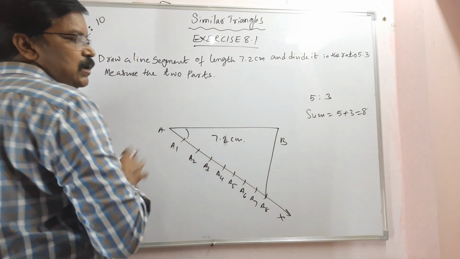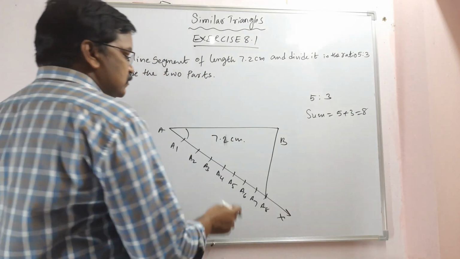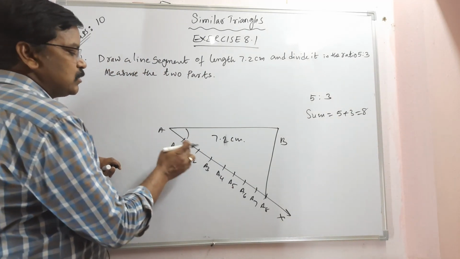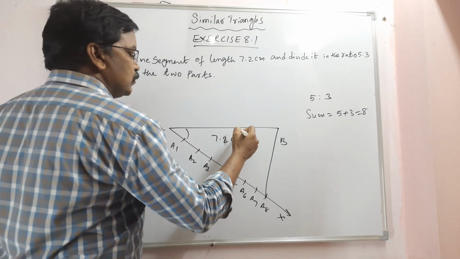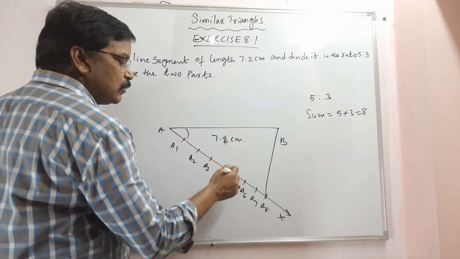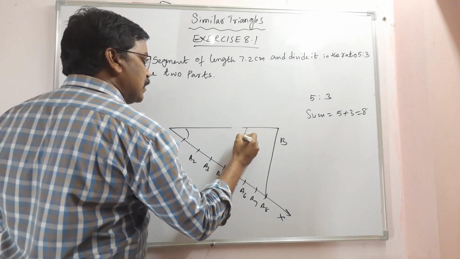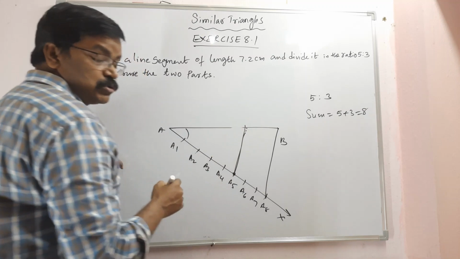Now we have to divide in the ratio of 5:3. See, first 5 points: 1, 2, 3, 4, 5, through A5 draw a parallel line. I will show you, students.